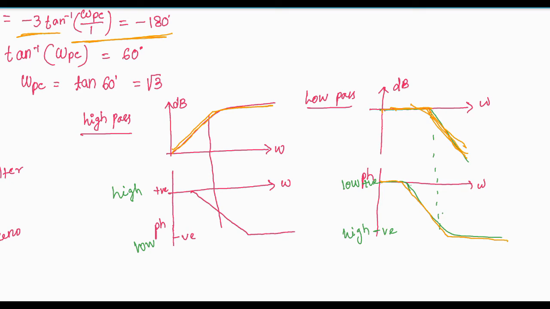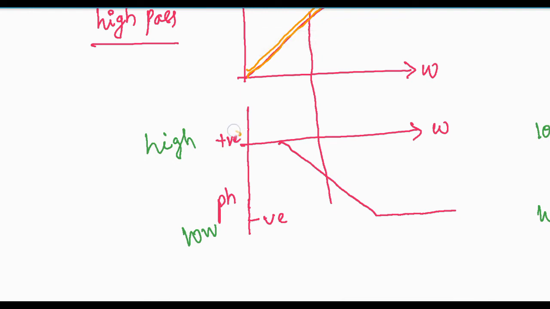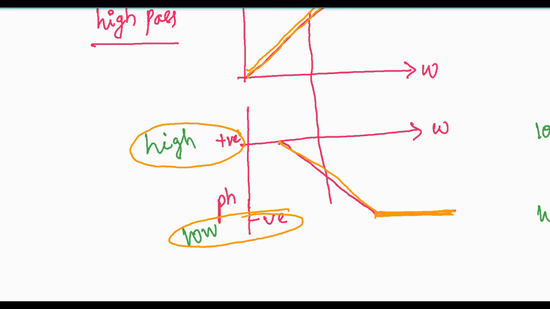The main thing we have to remember is that it starts from a high positive value, and where it saturates, the saturated phase angle is a low negative value. Suppose this one is 90 degrees and here minus 5 degrees. These are the angle values. High positive at the starting, low negative at the ending.